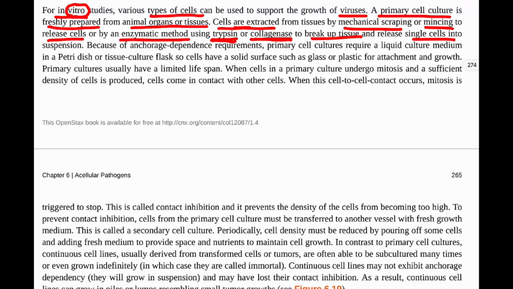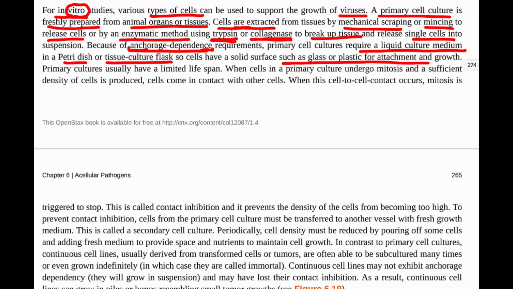Because of anchorage dependence requirements, primary cell cultures require a liquid culture medium in a petri dish or tissue culture flask, so that they have a solid surface such as glass or plastic for attachment and growth. So anchorage dependence is what it sounds like. It depends on something to anchor it.